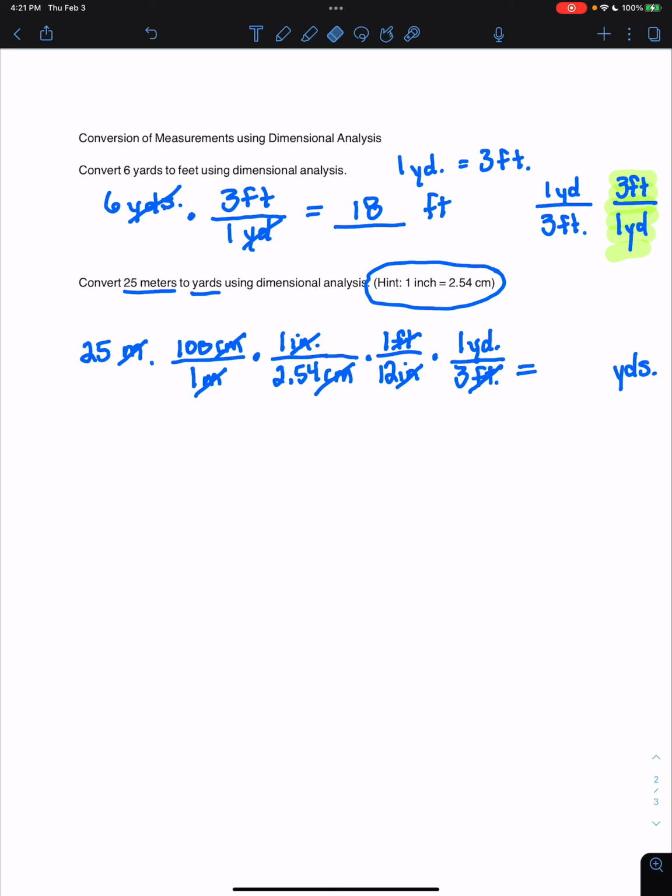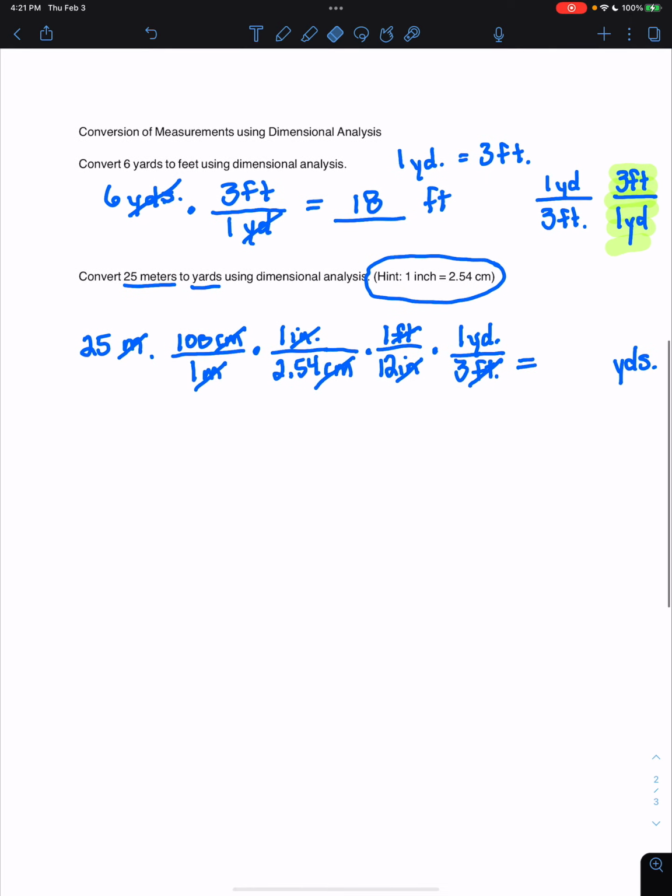So I have 25 times 100, and then 1 times 2.54 times 12 times 3. I'm going to pull out my handy dandy calculator because I obviously didn't know what that conversion was between feet and yards. So I definitely need to use a calculator right about now.